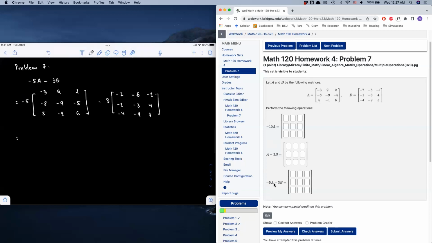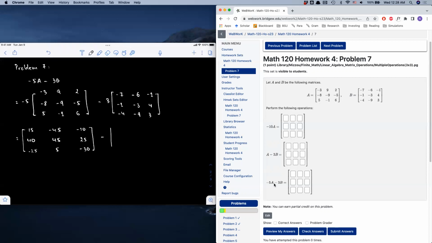Okay, so you do the scalar multiplication, that is, for each entry in this matrix, you multiply with -5. So this is +15, -45, -10. There, so 40, and then 45. This is +25. This is -25, +5, and -30.